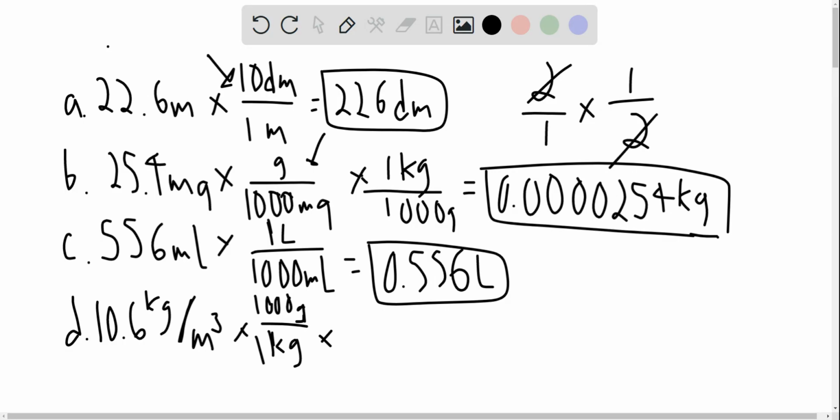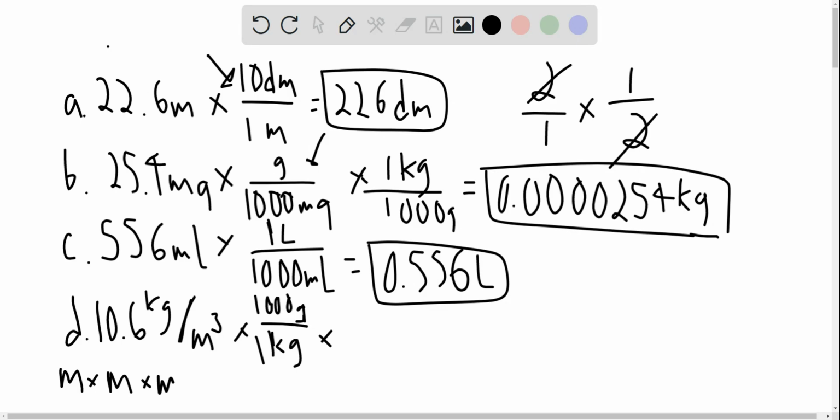Think about it: what is meters cubed? It's meters times meters times meters. If I only converted it once, I would get centimeters times meters times meters, which is not what I want. I want centimeters times centimeters times centimeters, centimeters cubed. So I need to do the conversion 3 times.